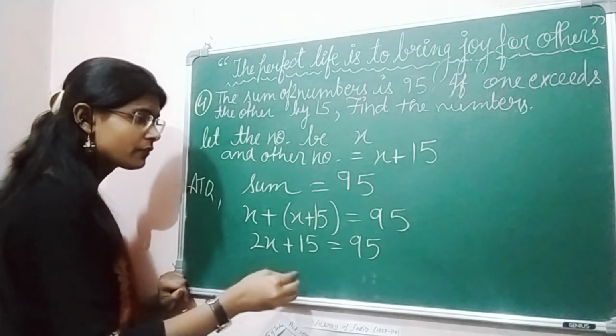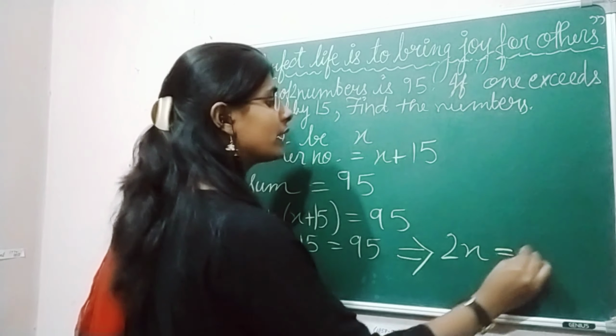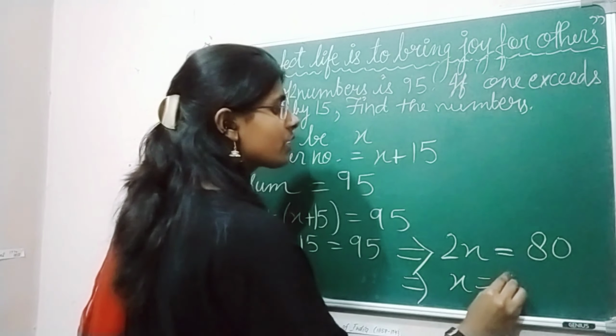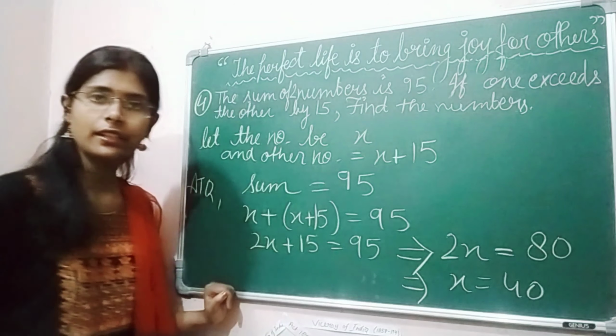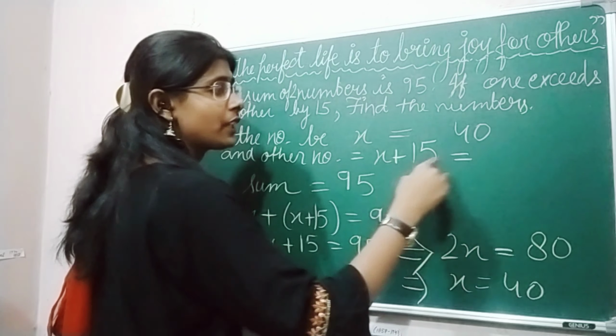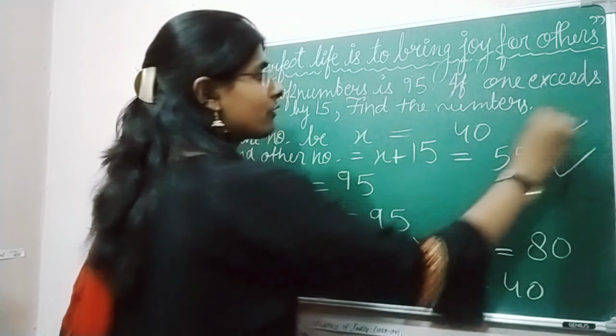When you transfer it, you would be getting 2x is equal to 80 and x is equal to 40, right? So x is equal to 40, but again it is not your final answer. The answer would be the numbers 40 and 40 plus 15, that is 55, and now it is your final answer.